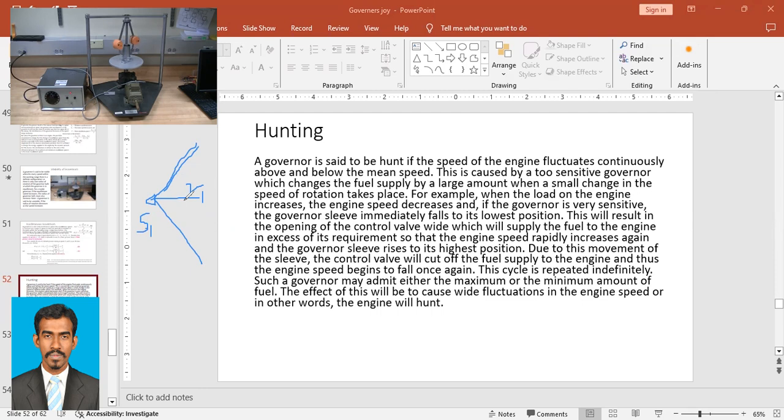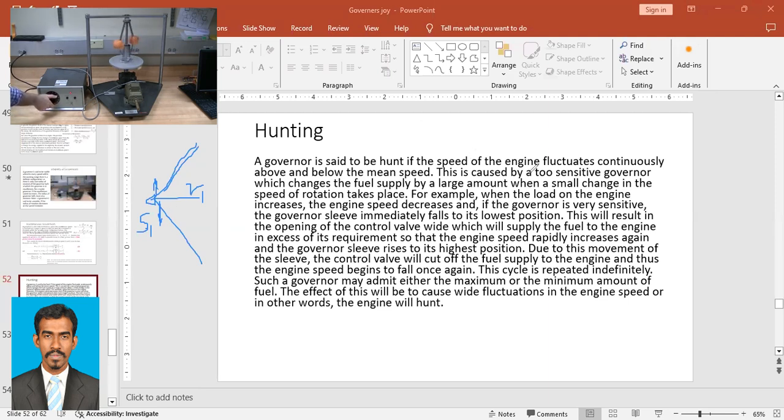Consider a mean speed S1; if it tends to fluctuate above and below the mean speed, the radius may change to R2 and R3. This is what is called hunting.